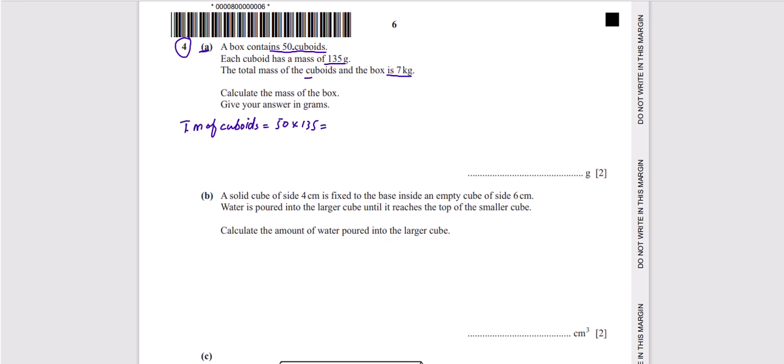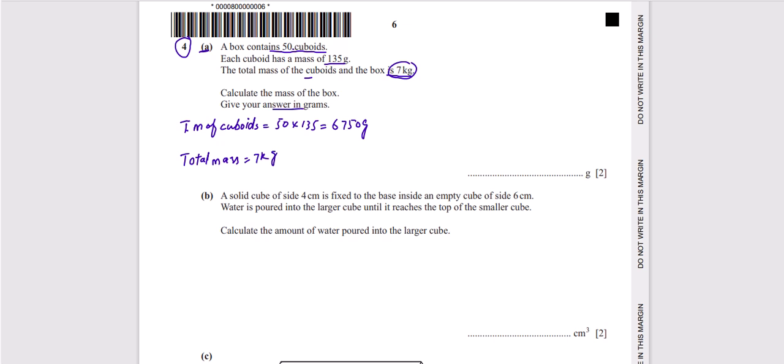Multiply these values, we get 6750 gram. So total mass is 7 kg.